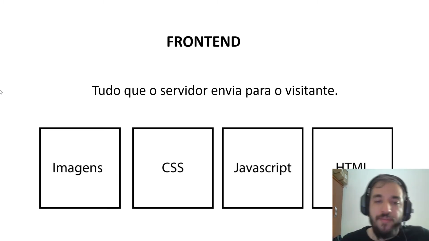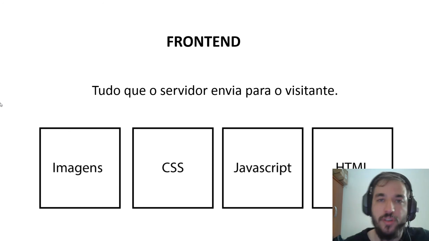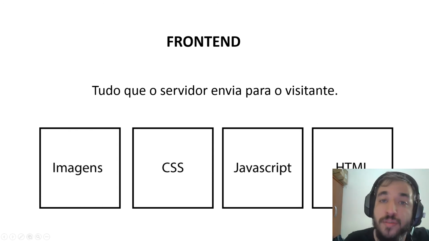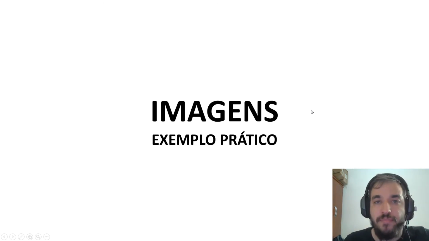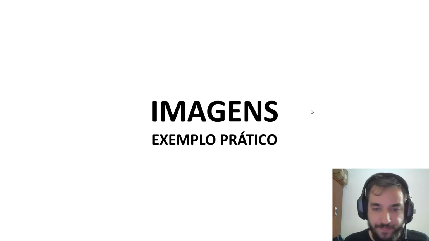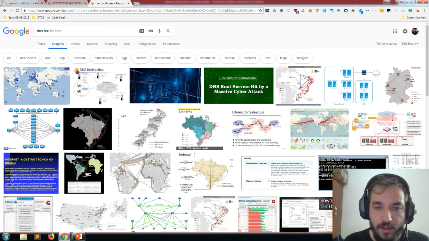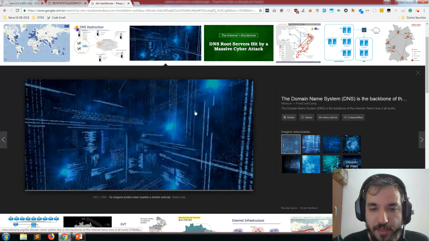So front end performance is everything the server sends to the visitor, which consists basically of HTML code, JavaScript, CSS, and images. So, images, practical example. Let's get an image. It can be this one.